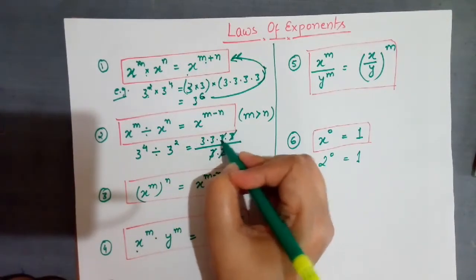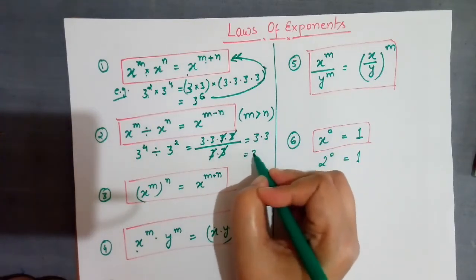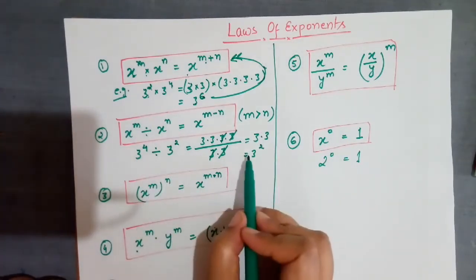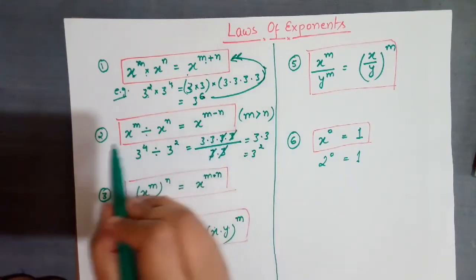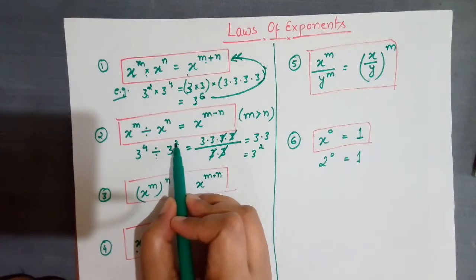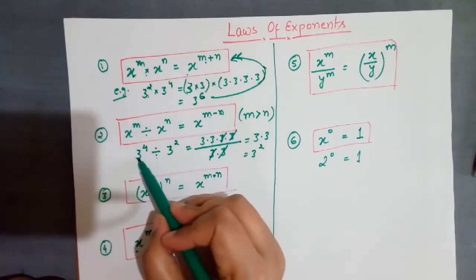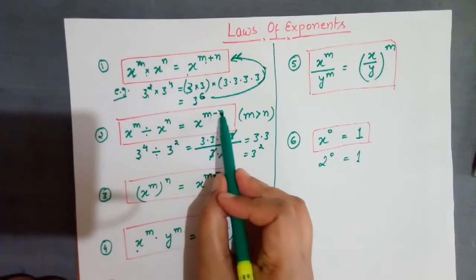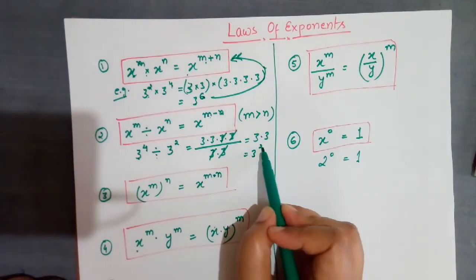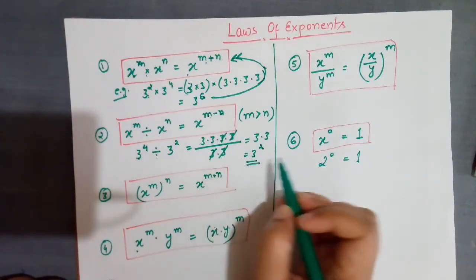These two 3s will be cancelled out, which gives us 3 into 3, or we can say 3 to the power 2. The same thing is said in the second law. X to the power m divided by x to the power n will become x to the power m minus n, means 3 to the power 4 minus 2, which will give you 3 to the power 2. The same thing, we got it manually.